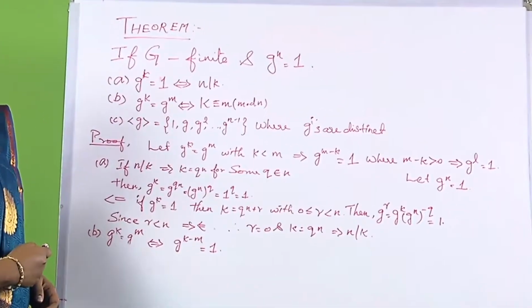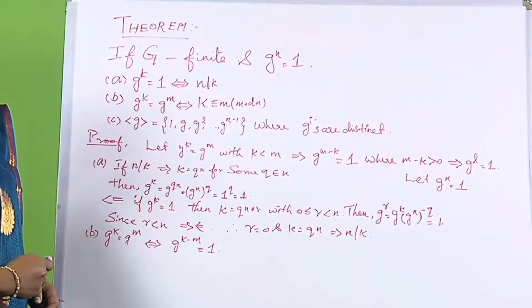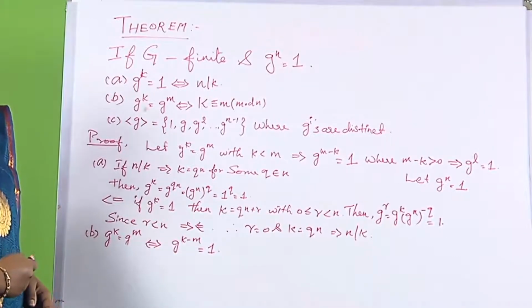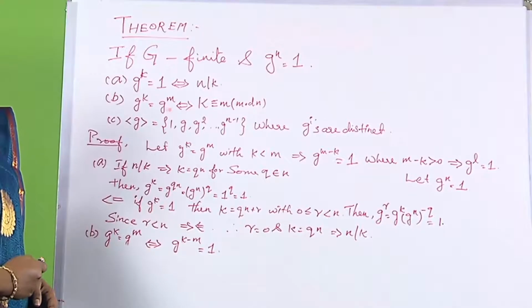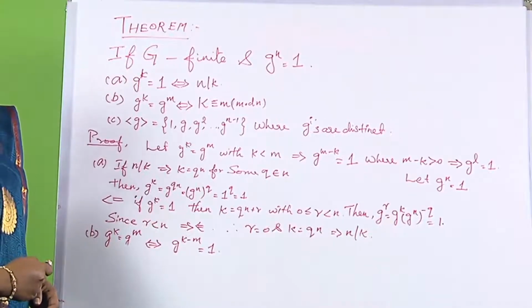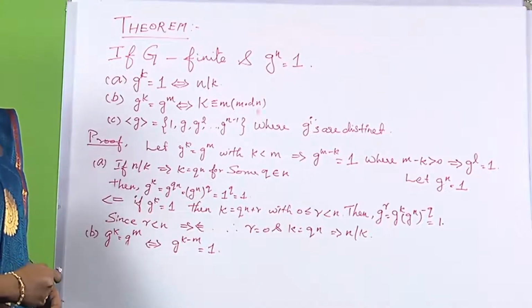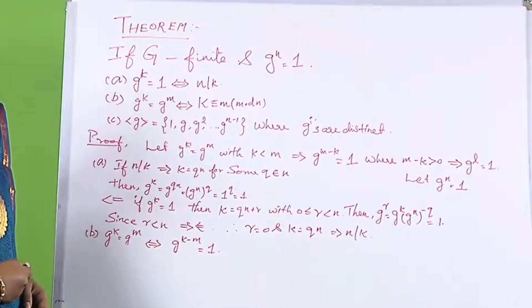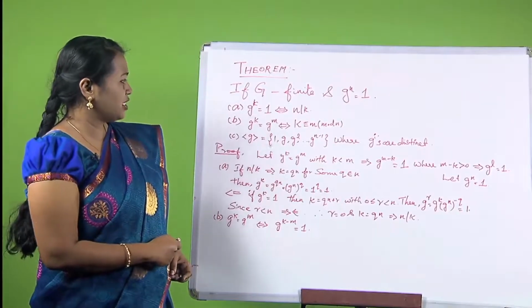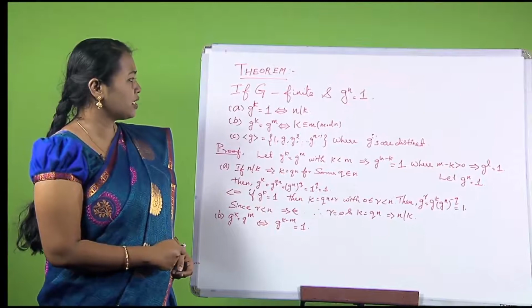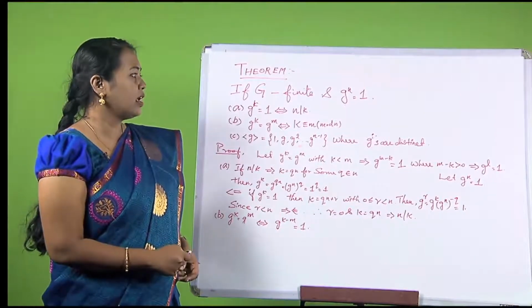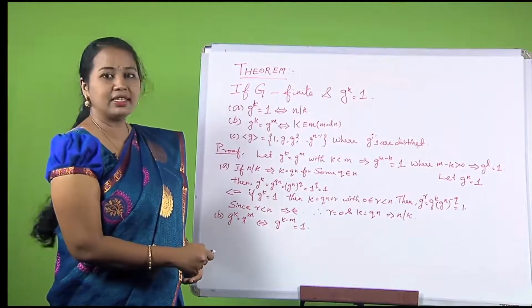A, g power k is equal to 1 if and only if n divides k. B, g power k is equal to g power m if and only if k is congruent to m mod n, and point C, the group generated by g is equal to {1, g, g squared, and so on up to g power n minus 1}, and all these g^i's are distinct.